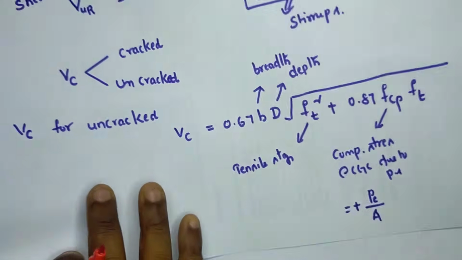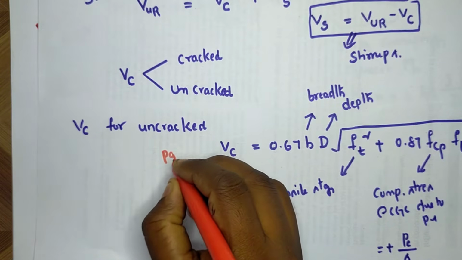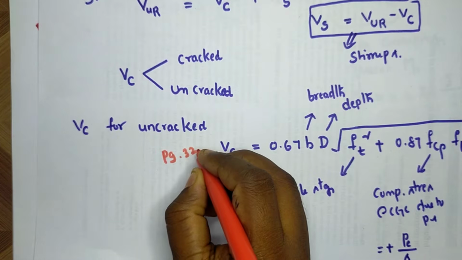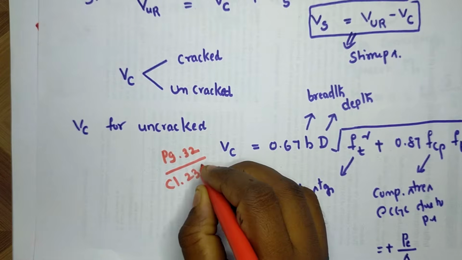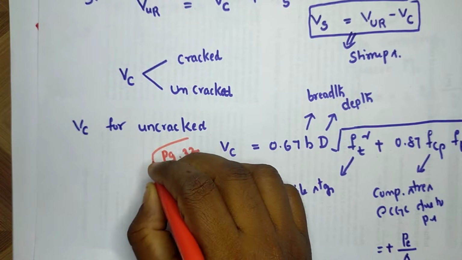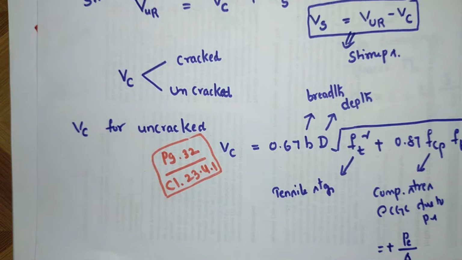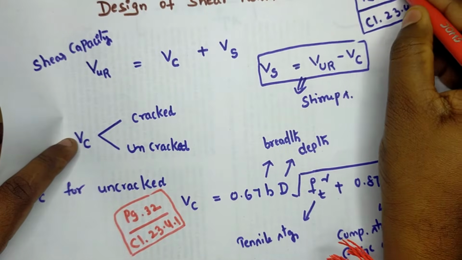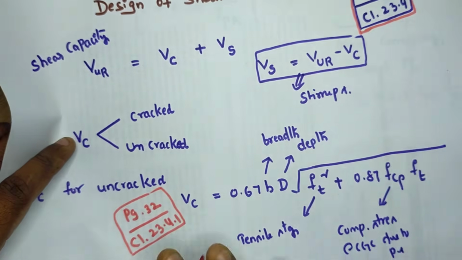The earlier formula is available on page number 32, clause 23.4.1 in IS 1343:2012. This whole section starts from page number 32.